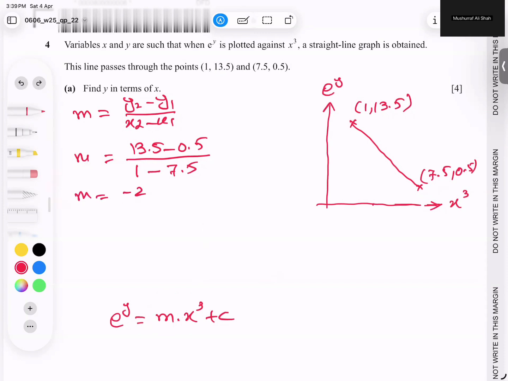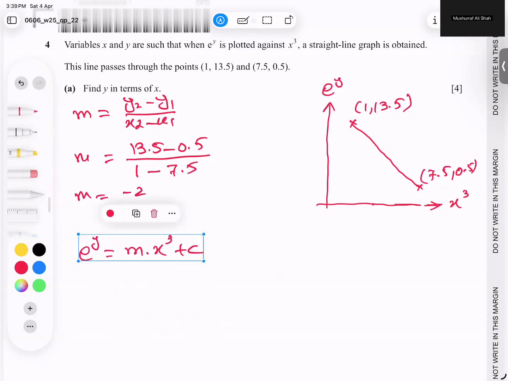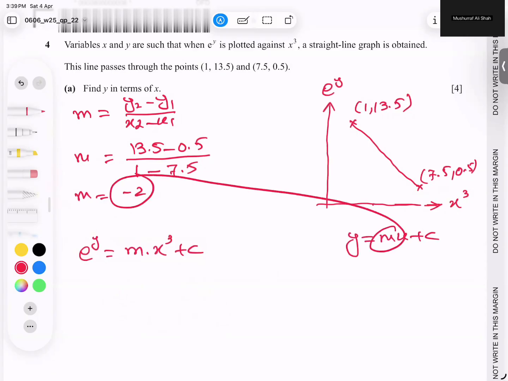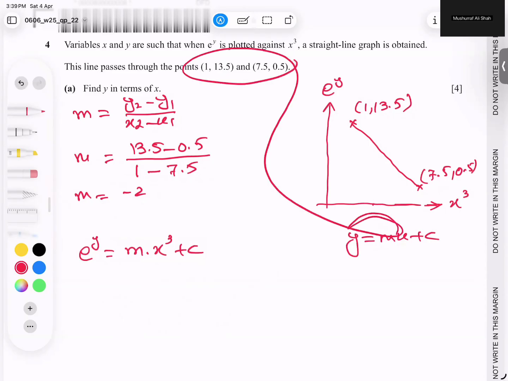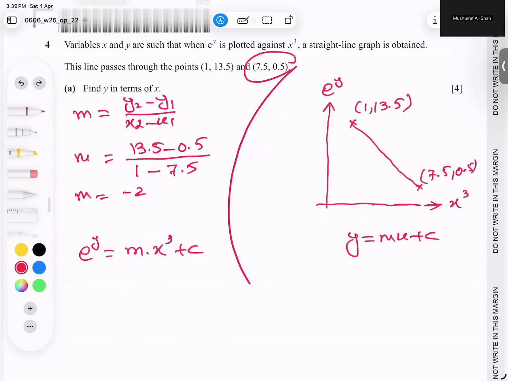Now only c is left. So I'm using y is equal to mx plus c, with m from here and any value from these pairs. So 0.5 is coming here, -2 and x value 7.5 plus c.